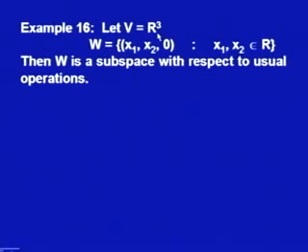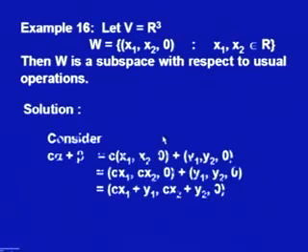We know that R cube is a vector space with respect to usual addition and scalar multiplication. We have to establish that W is also a subspace. So to prove this, we consider C alpha plus beta. I am using that very definition: if alpha and beta belong to W, then C alpha plus beta belongs to W, then it becomes a subspace.